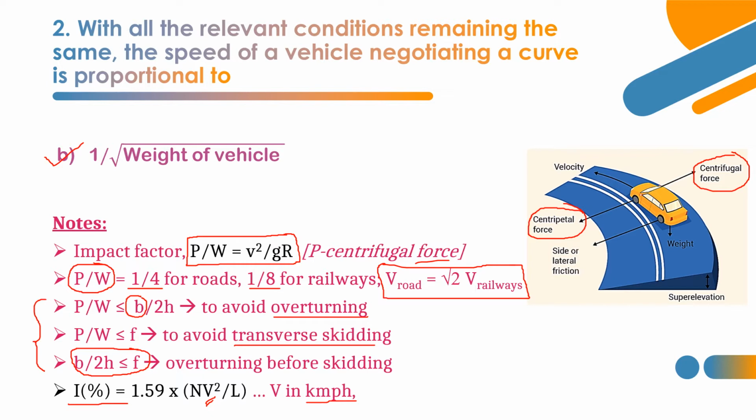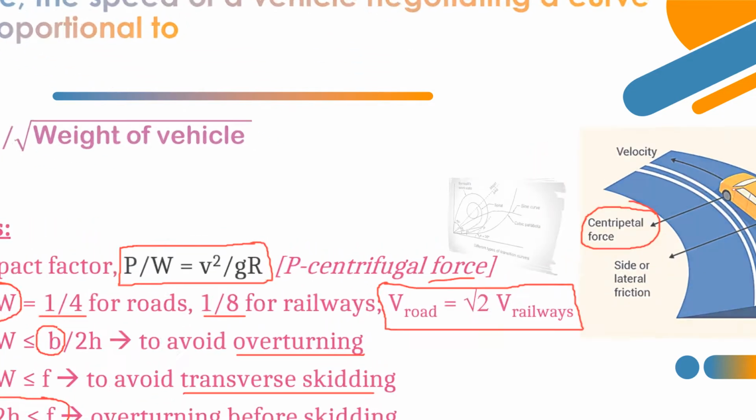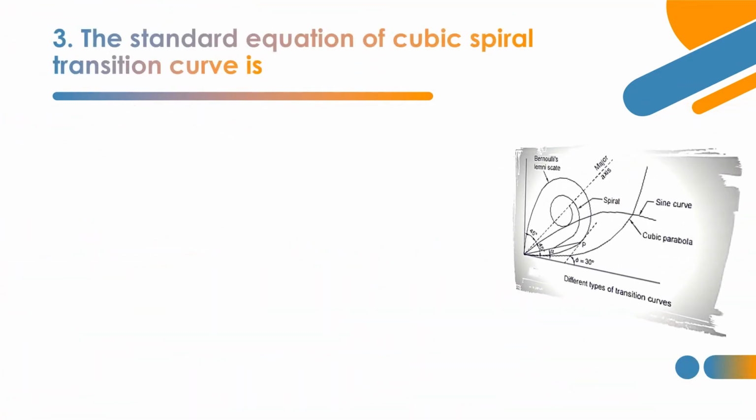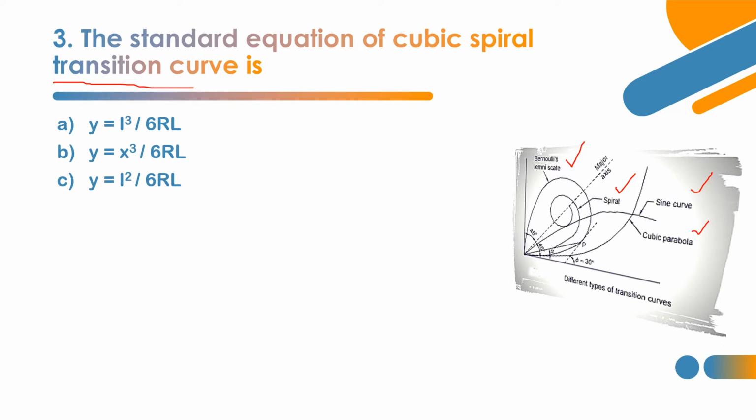P by W is equal to V square by gR. Now let's move on to the third question. The third question is based on transition curve. The standard equation of cubic spiral transition curve. There are many types of curve. Here you can refer in this diagram: spiral, cubic parabola, Bernoulli-Lemniscate, like this, sine curve. There are many types of transition curves available. Now we have to find the option for cubic spiral transition curve.